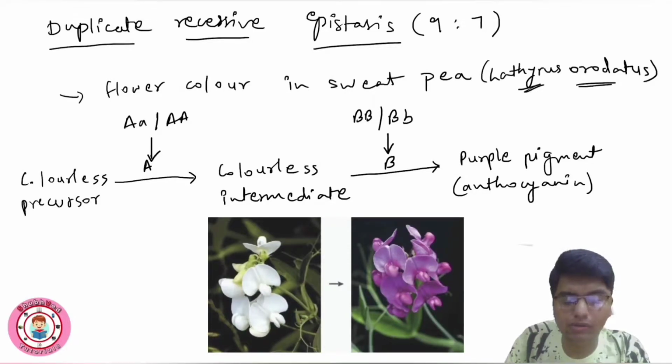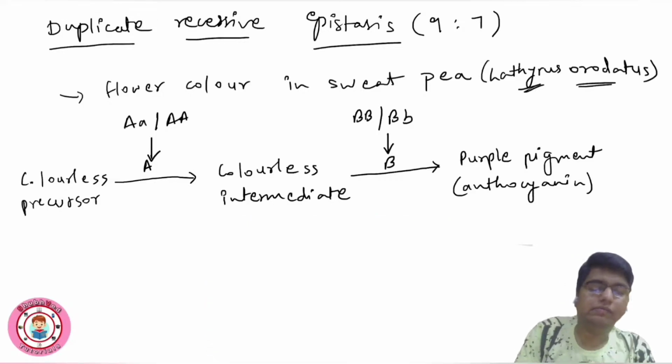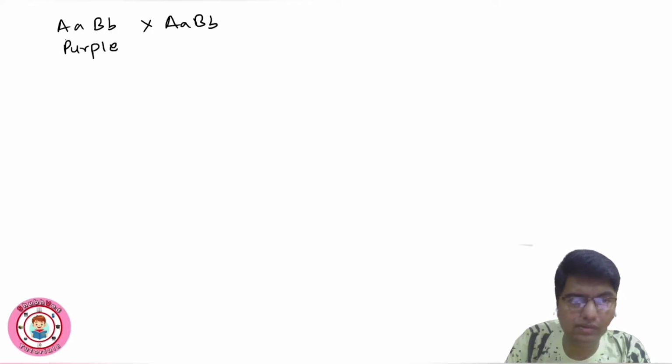So how is the phenotypic ratio changed now? When we cross this, in the next slide we will see it. This is a cross. After the cross, these are purple because both dominant genes are there.